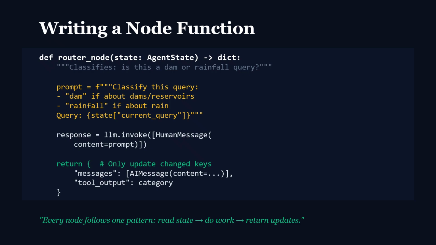LangGraph merges our updates with the existing state automatically. And remember, because messages uses operator.add, our new AI message gets appended to the existing list. The agent remembers everything. This pattern is universal. Every node you will ever write follows this exact structure. Read state, do work, return updates.